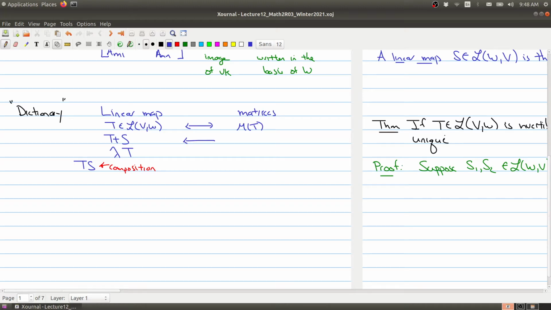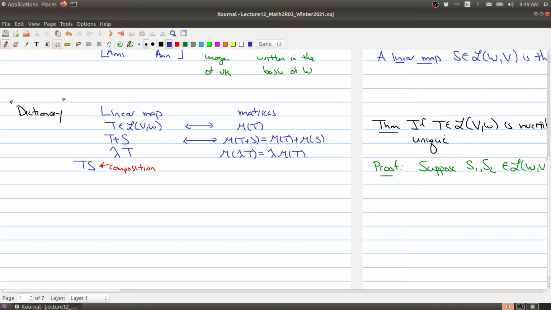On the other side, this corresponds to taking the sum of the individual matrices. So the matrix associated to the sum is the sum of the matrices. And the matrix associated to a scalar multiple of our linear map is the same thing as first taking the matrix associated to the linear map and multiplying it by the scalar.